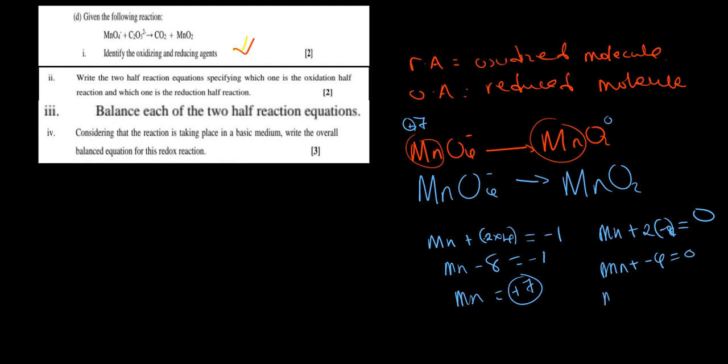So in short, Mn here is equal to positive 4. We can see that it has been reduced from the oxidation state 7 to 4. That is the reduction, so that is the oxidizing agent. All right, so we can now see that manganese is the oxidizing agent.